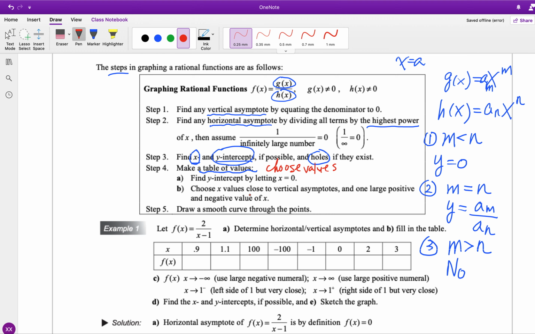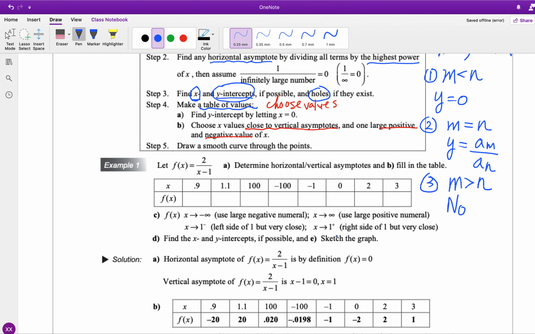Now choose values close to the vertical asymptotes, and one large positive x value and one large negative x value, and then plug in the points, connect the points and smooth the curve. Easier said than done. So let's take a look at the examples and see how we can graph this.